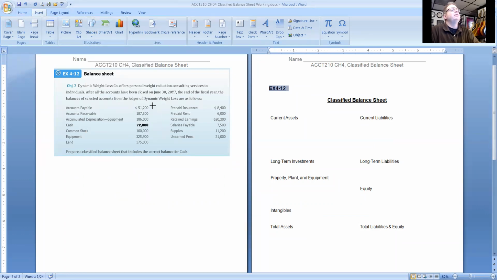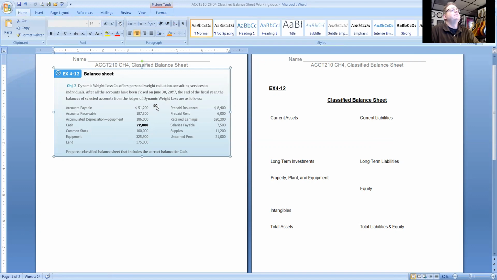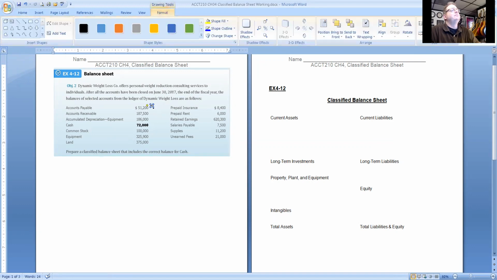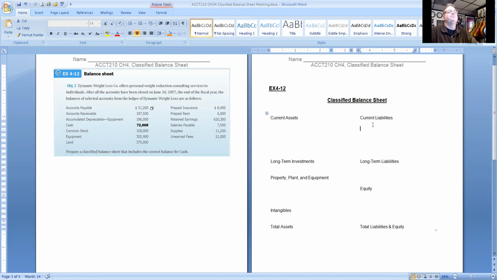Let's insert a cube. My cube is not cooperating. Okay, accounts payable. Where's that going to go? Current liabilities. Yep.